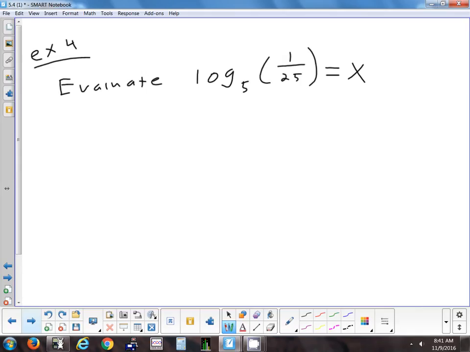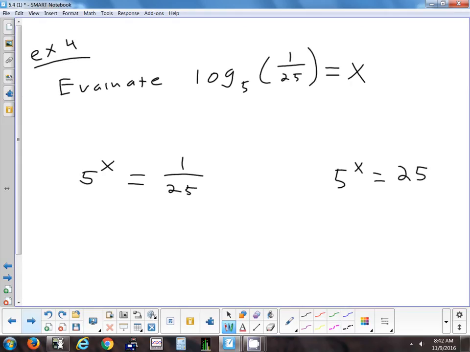All right, what's my base here? Trevor? 5. And my exponent? X, logarithm equals my exponent. And Ayla, what haven't I used? 1/25. Now, if you get stuck here, pretend that it was this.